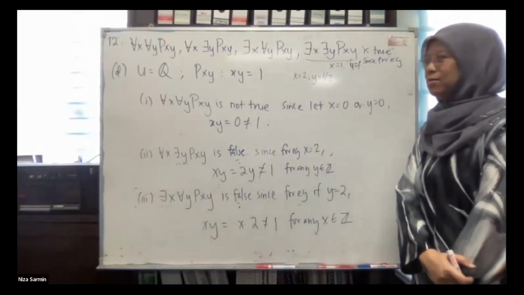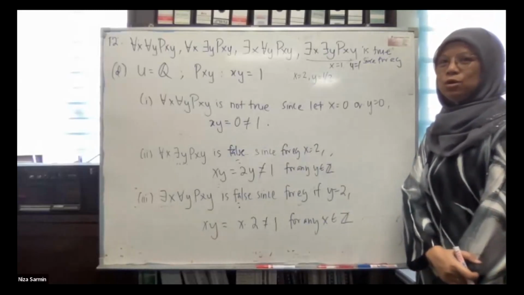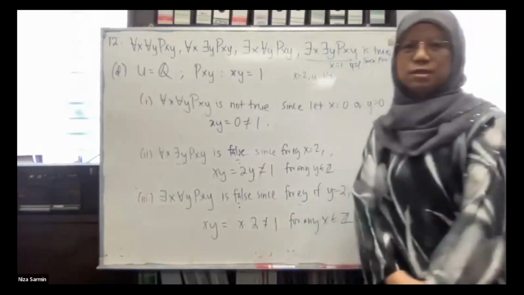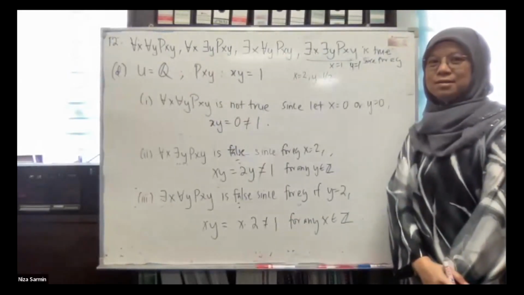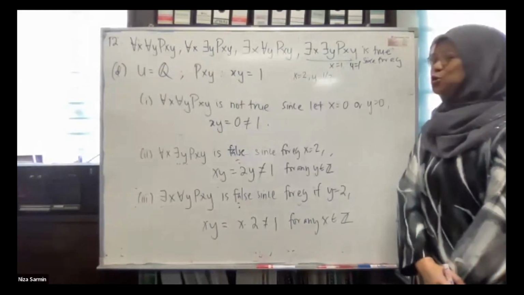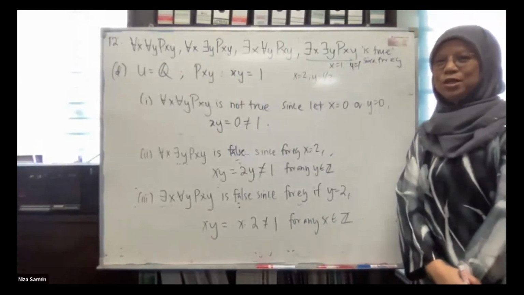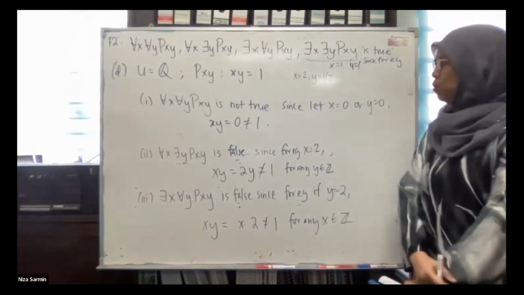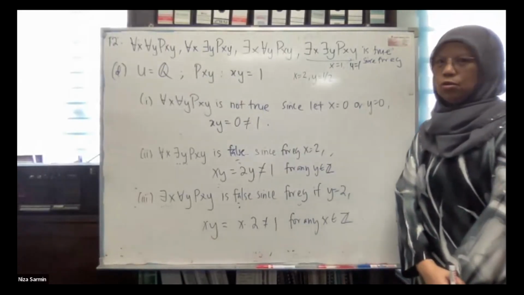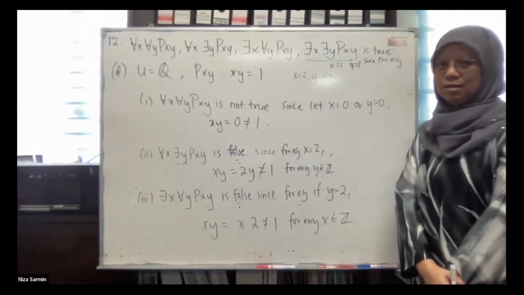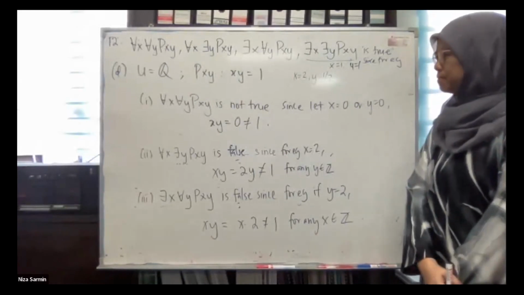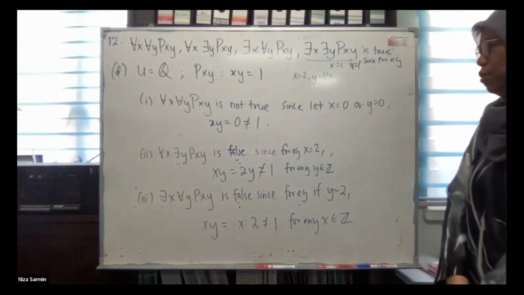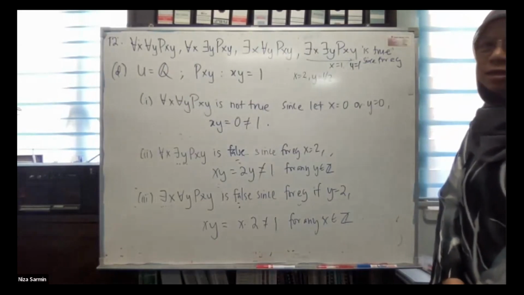You have to think for all possible numbers in the rational numbers. Don't choose just 8 or 1 over 8 or 3 or 1 over 3. Of course those all work, but if x or y is 0, you cannot get 1 over that. Right, Carrie? Okay, so number 2, for all x, it's false.